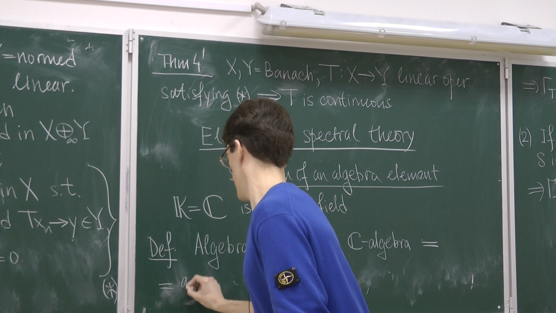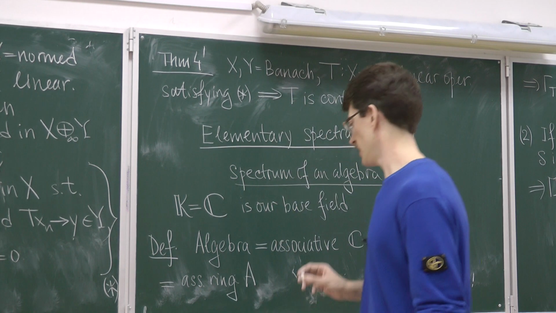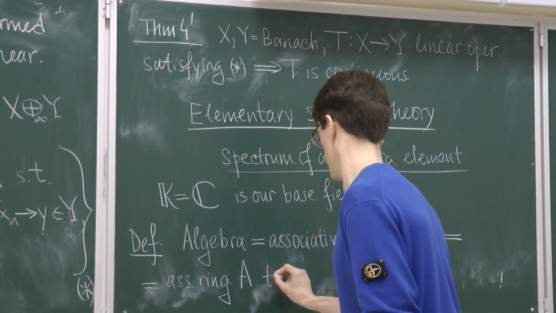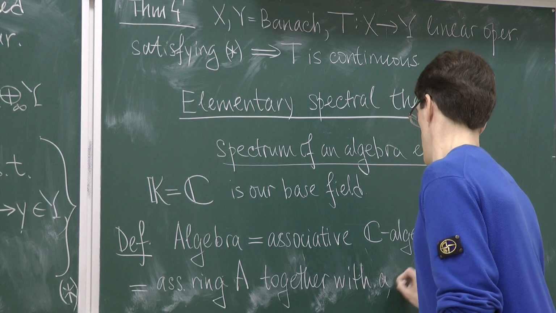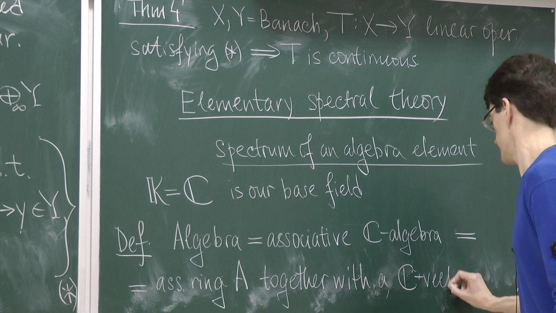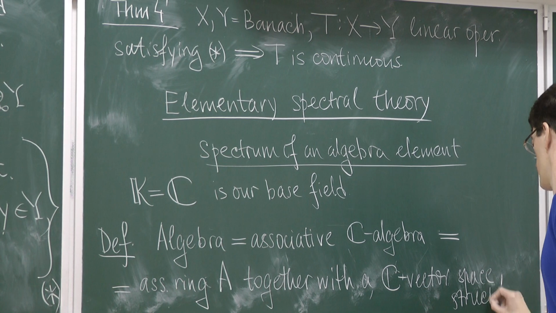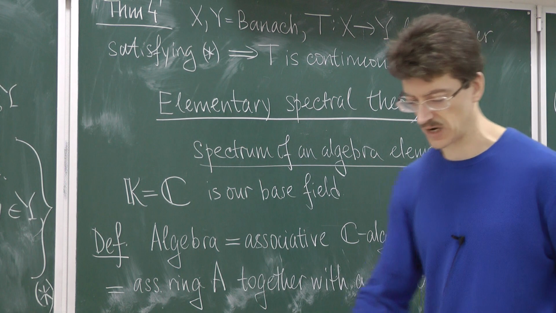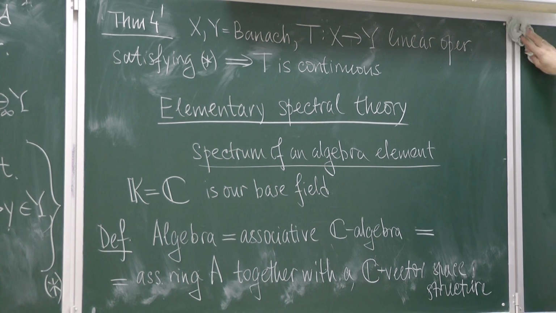This is an associative ring A equipped with a vector space structure over C, together with a complex vector space structure, such that these two structures, the ring structure and the vector space structure, are compatible in the sense that the multiplication in A is bilinear.